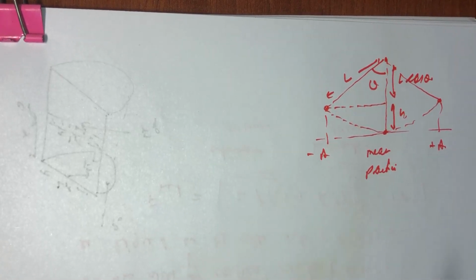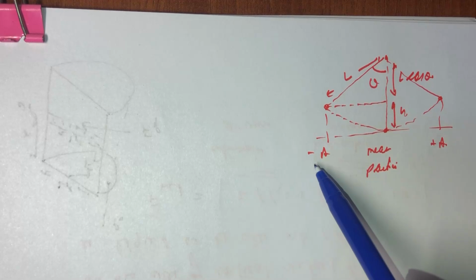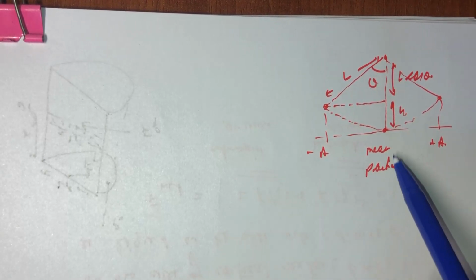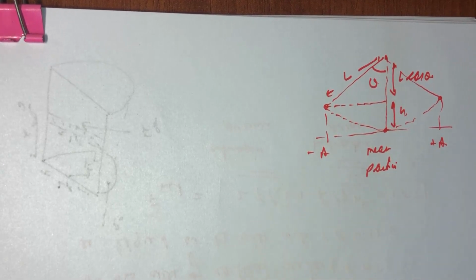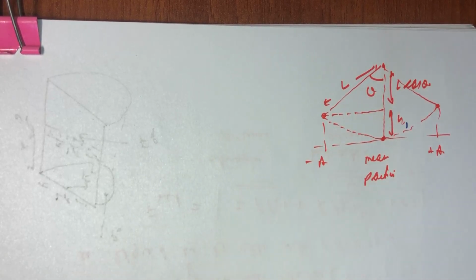So we have, in the first case, when the length is L, minus extreme position, plus extreme position, and this is the mean position. Therefore, we can write this is h1.